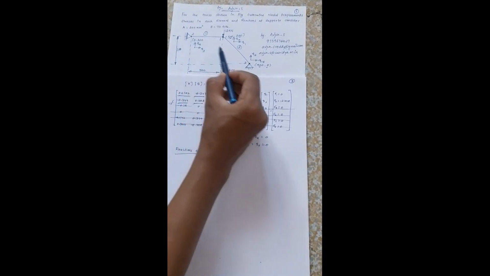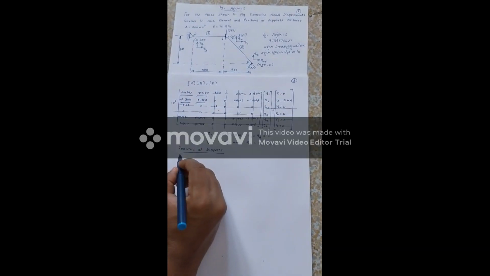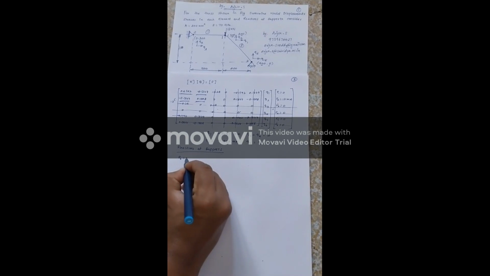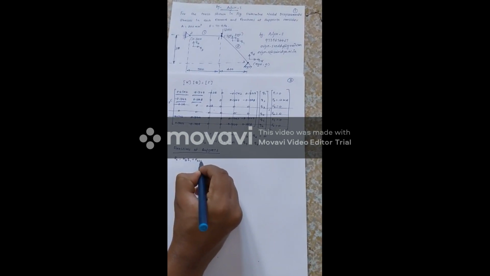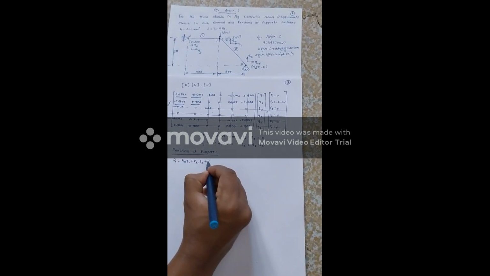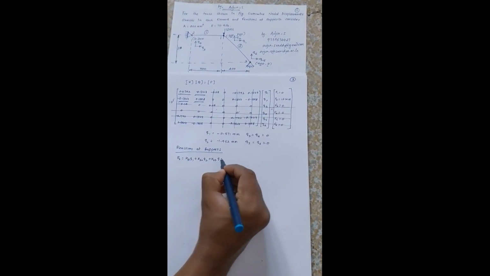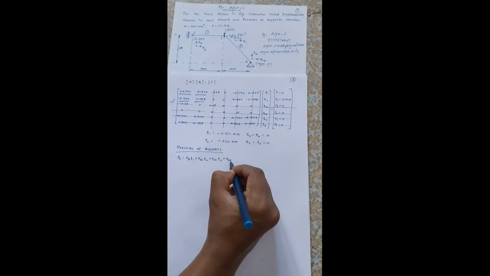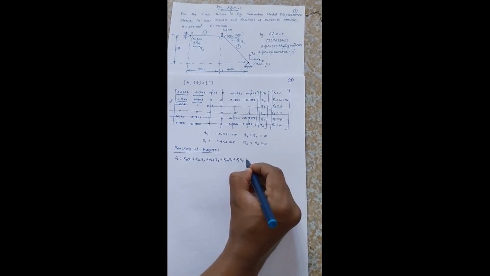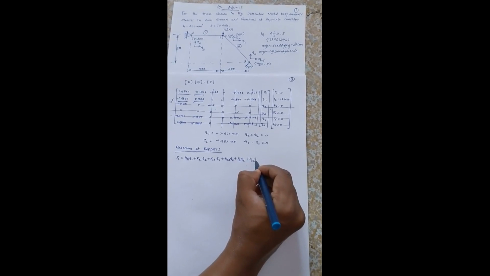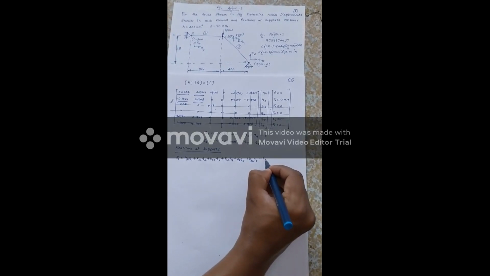So now we have 2 supports, that is at node 2 and node 3. So R3 will be K31 Q1 plus K32 Q2 plus K33 Q3 plus K34 Q4 plus K35 Q5 plus K36 Q6 minus F3.